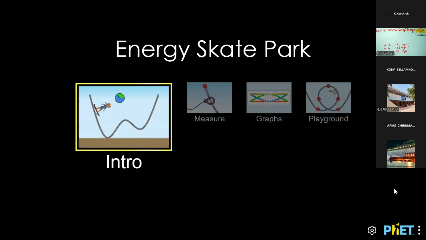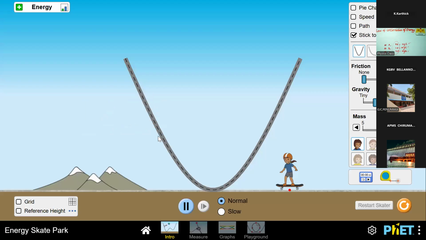We are going to do one excellent simulation from PhET Interactive Simulations, entitled Energy Skate Park Basics. In this simulation, we are going to start out by saying no friction. So no friction, I can choose from here.